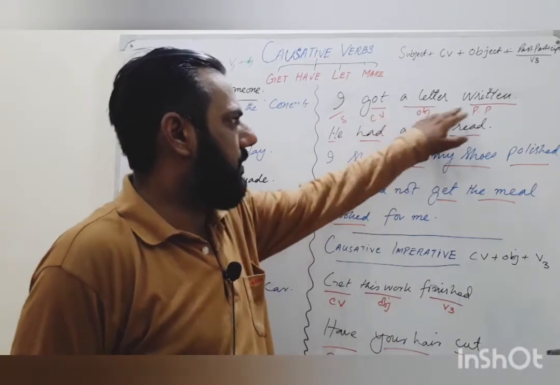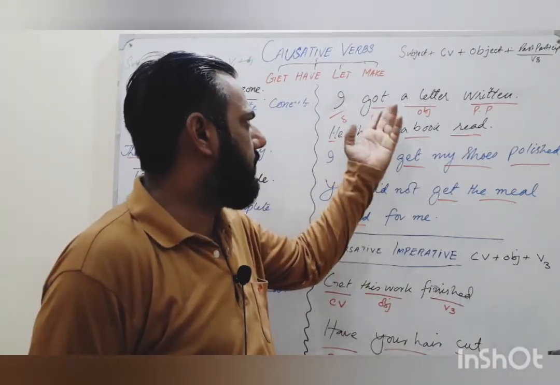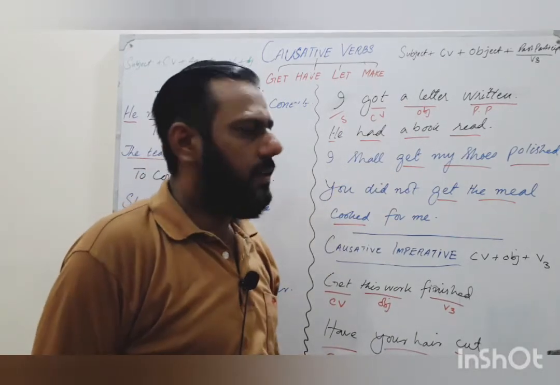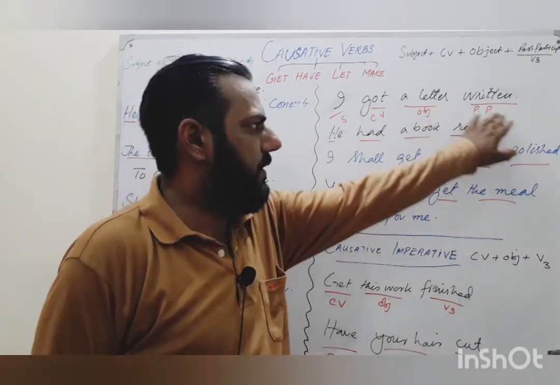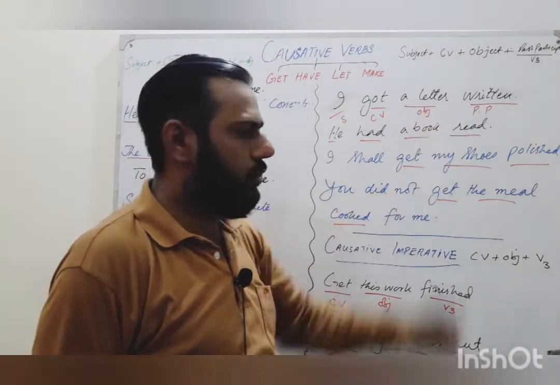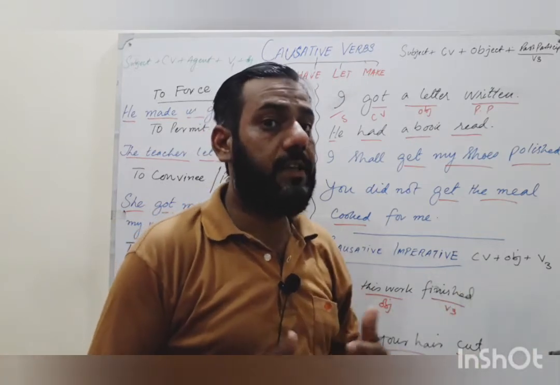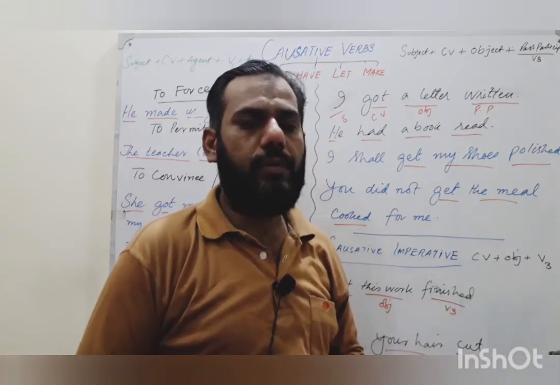I got a letter written. I got a letter written. I is the subject, got is the second form of get, letter is the object, and written is the third form, the past participle. So, I got a letter written. I got some work done by another person. Who has done this job, I am not going to discuss here.